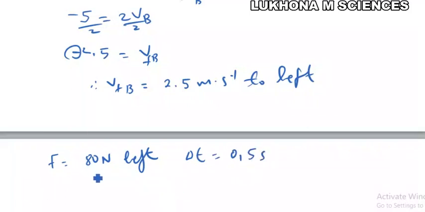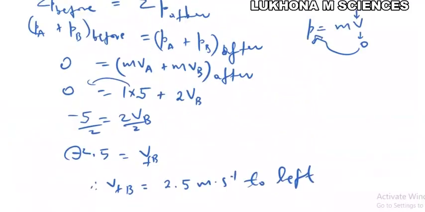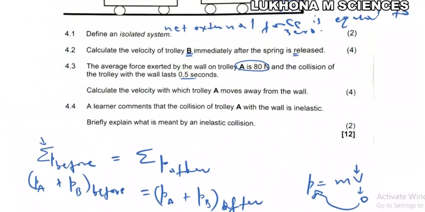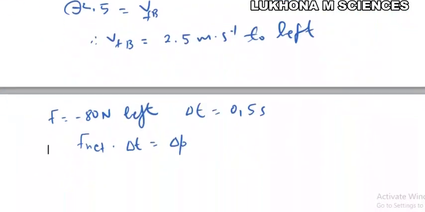We said take right as positive, meaning that left must be negative. Therefore, this will be negative. So we are going to use this formula from the formula sheet. We are on question number 4. This was 4.2. Then this one is 4.3.